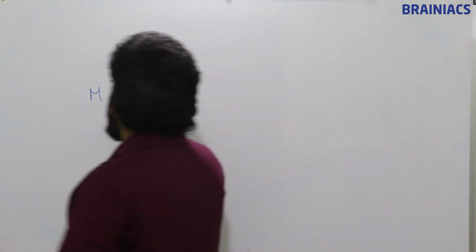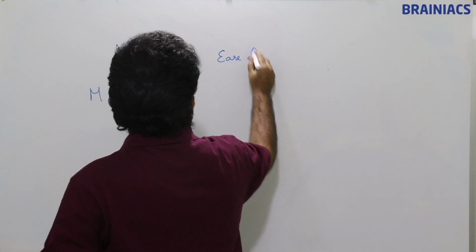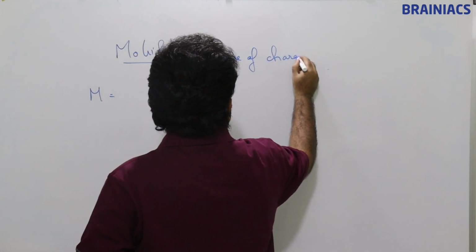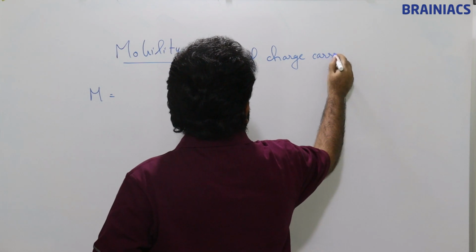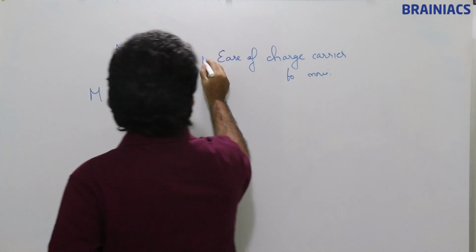So I can write: ease of charge carrier to move. This is one point.